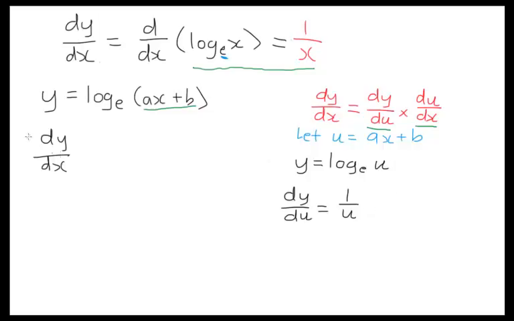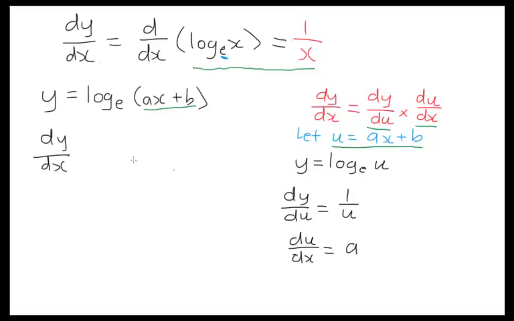So that's one part done. Now to work out du over dx, it's simply a matter of differentiating this substitution step over here. We differentiate u with respect to x. The derivative of ax is a, and the derivative of b is 0, so we don't need to include that.